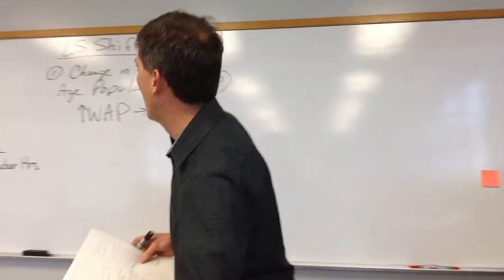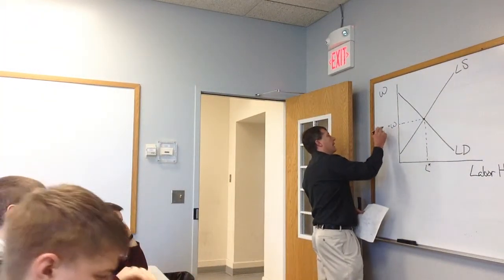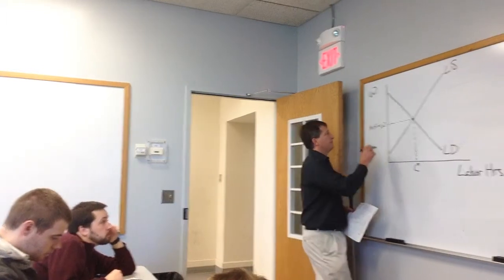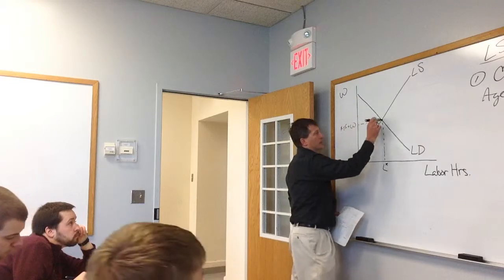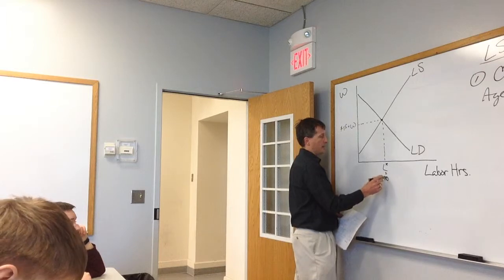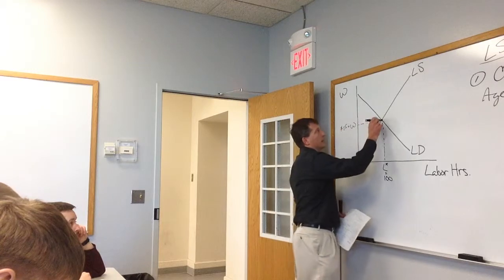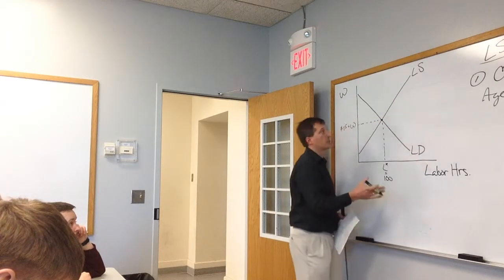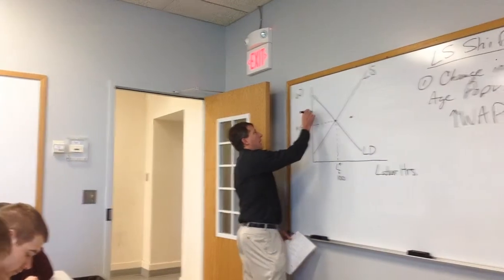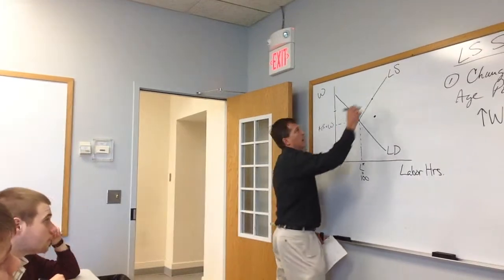Increase, right? So if the equilibrium wage was, I don't know, $15, at $15 there used to be this many hours worked. Maybe it's 100, just to make up a number. But now at $15, given that the population has grown, there's this many people willing to work. At $20 an hour, there used to be this many people that would come to work, and now there's this many.